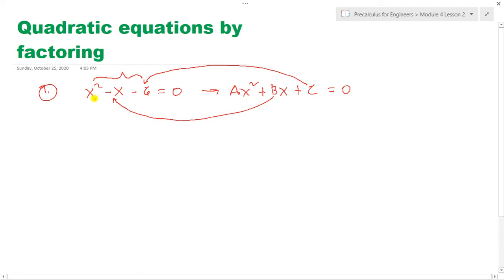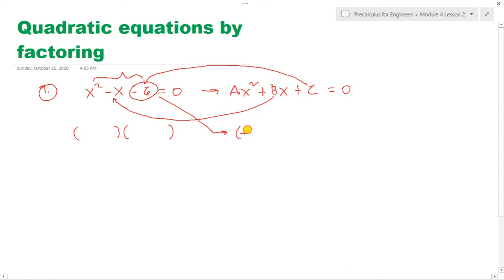So here, our quadratic expression is x squared minus x minus 6. Let's try factoring by trial and error. So again, i-apply mo yung knowledge natin sa factoring. Since our constant here is negative 6, let's find factors for negative 6.